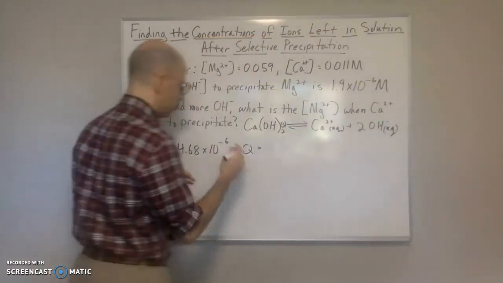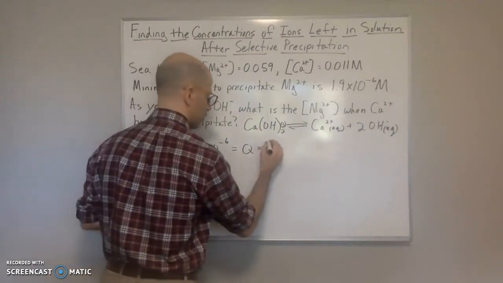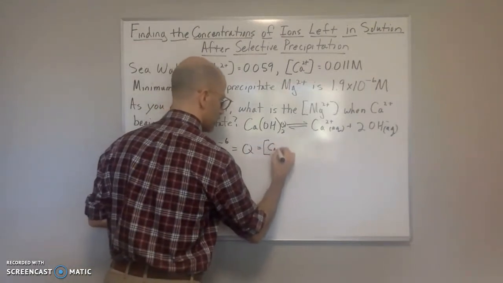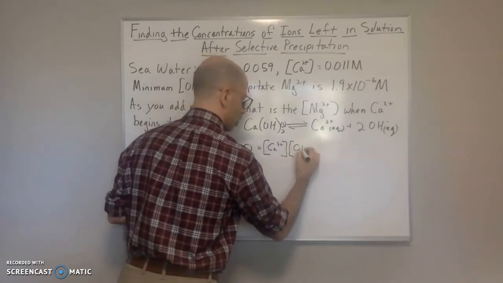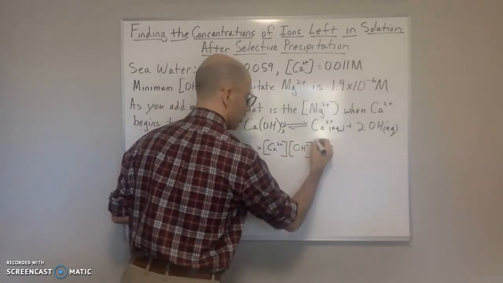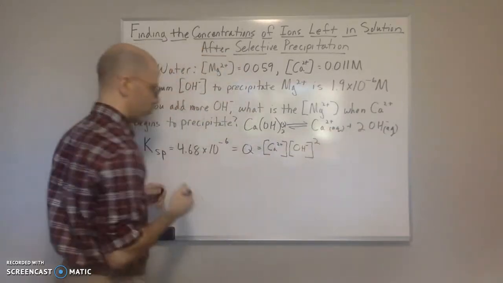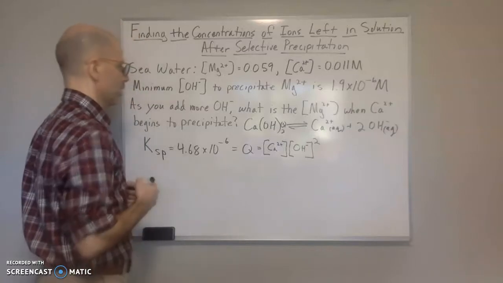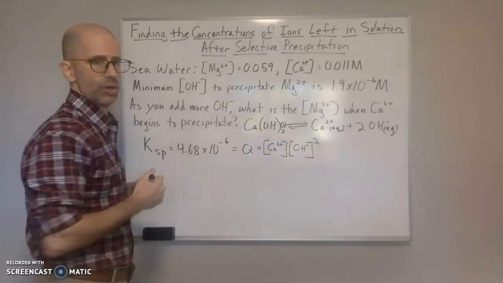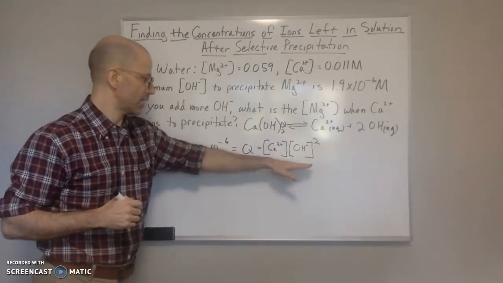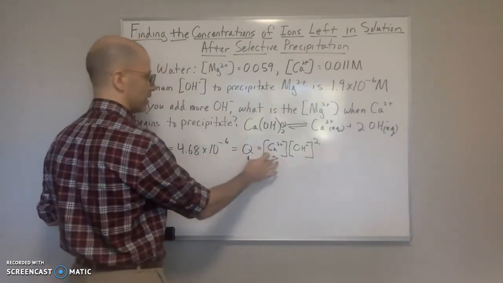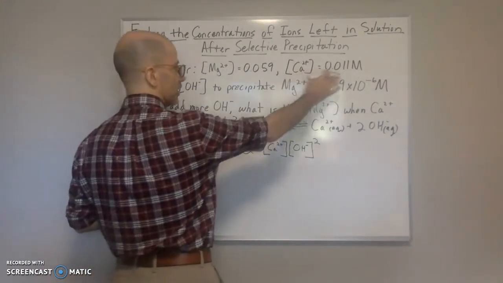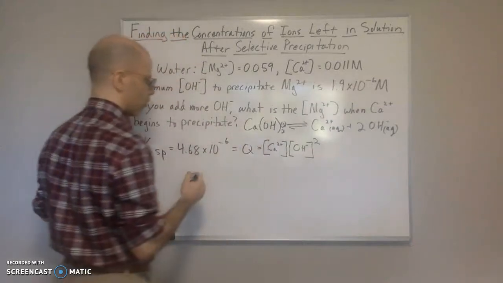And so the quotient expression is going to be the concentration of Ca2+ multiplied by the concentration of OH minus squared because of the 2 coefficient. And so now we're trying to find the minimum concentration of OH. So all we need to do is plug in the concentration of Ca2+ that they gave us, 0.011.